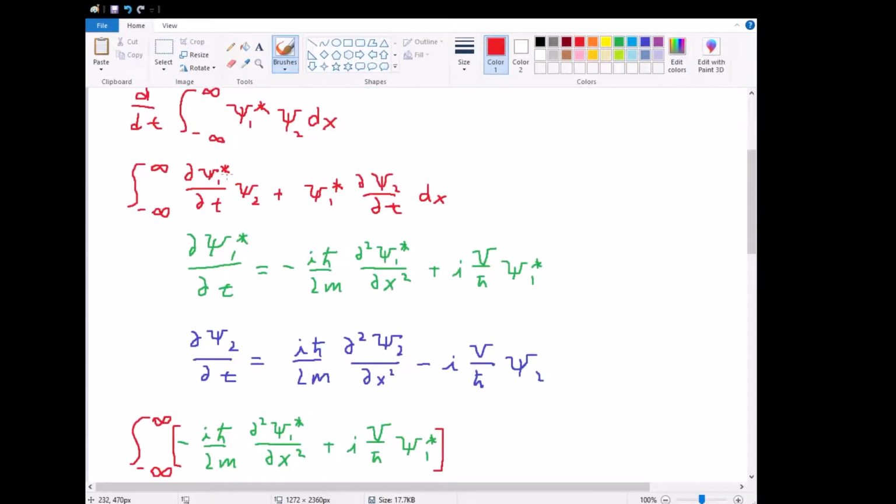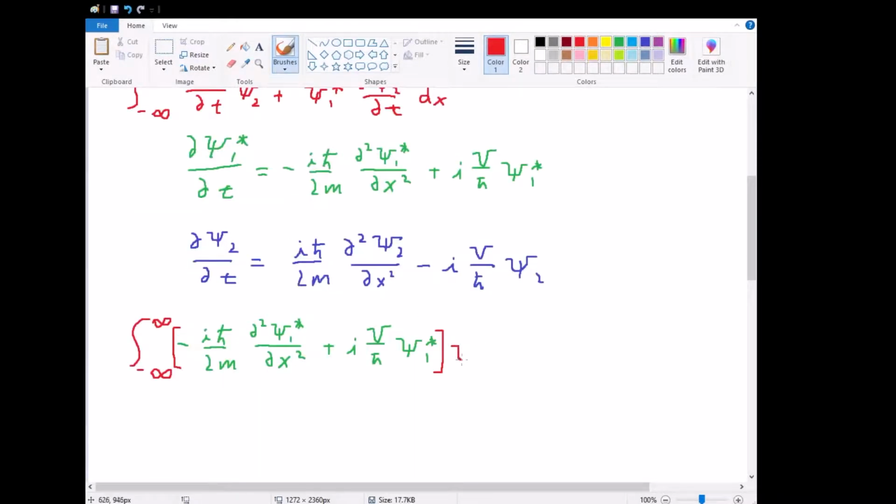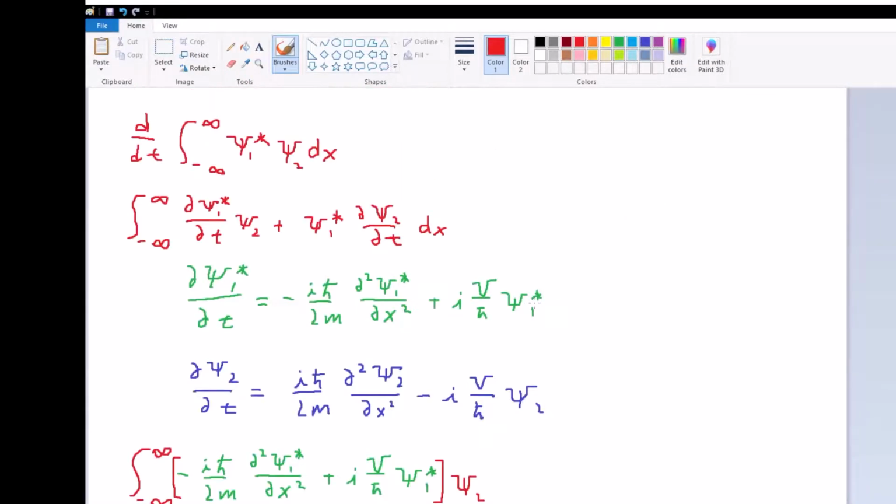This is going to be multiplied by psi 2. Let's make my window a little bit larger. Okay, psi 2, and then we're going to add psi 1 star multiplied by the partial of psi 2 with respect to time, which is here in dark blue.